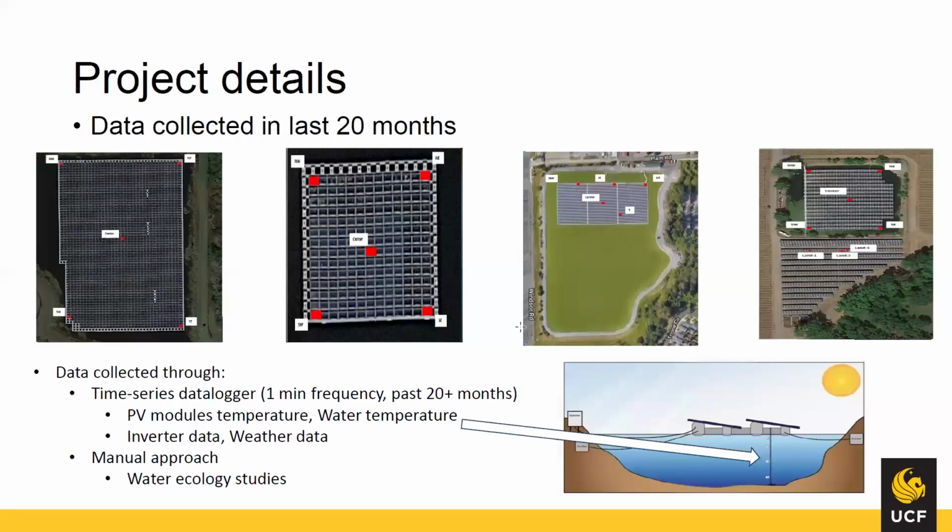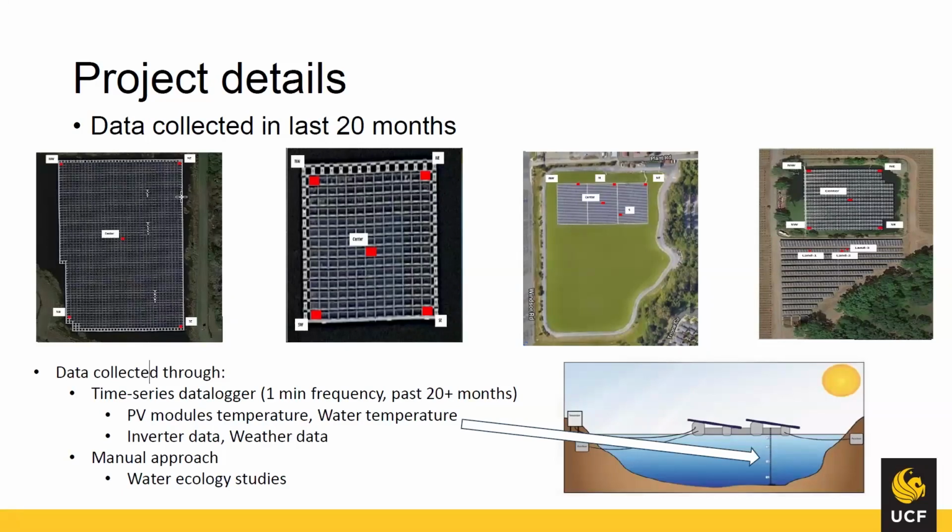For each site, we went with our setup, the data logger, and attached thermal RTD sensors, resistance temperature detector sensors, on the back of the PV modules. We also set up the data logger on the floating structure for all 4 sites.